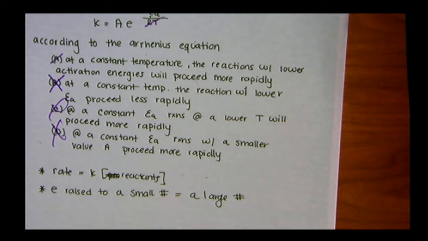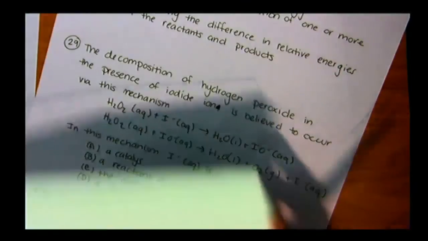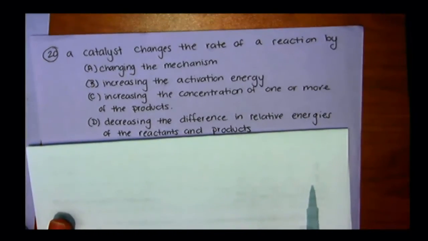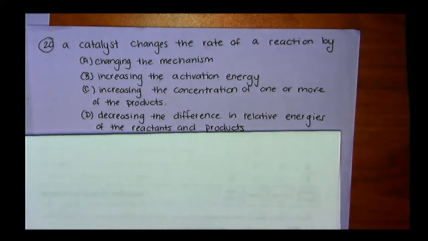Right, so a catalyst changes the rate of a reaction by A, changing the mechanism, B, by definition, it decreases the activation energy. So we're just going to eliminate that one because it can't happen. C, increasing the concentration of one or more of the products. Again, we're talking about products, which is equilibria, which is not rate.